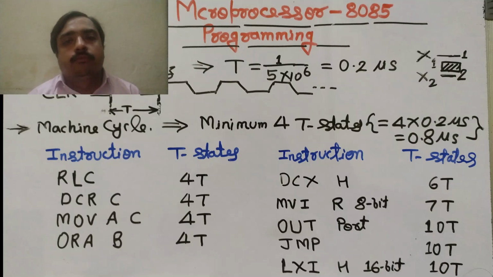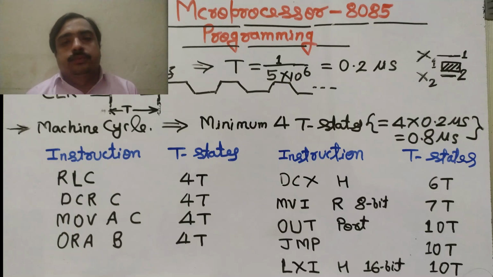Not only MVI, any immediate type of instruction will require 7 T states, such as MVI and ANI. ANI is also an immediate type instruction. ANI is AND immediate, AND the accumulator with immediate data. These immediate type instructions require 7 T states.